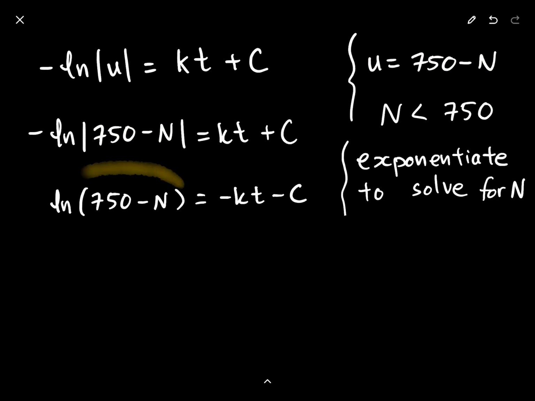So here we let go of the absolute value. We have ln of 750 minus n is equal to, and the negative we transfer to the right side, negative kt minus c.